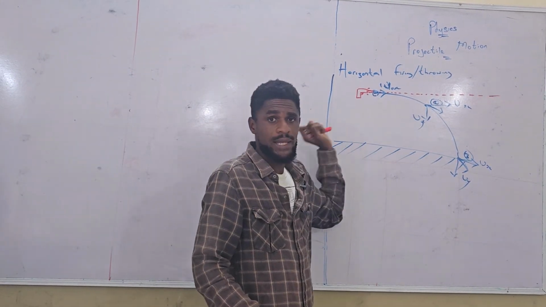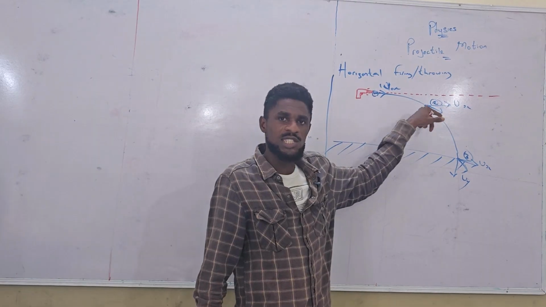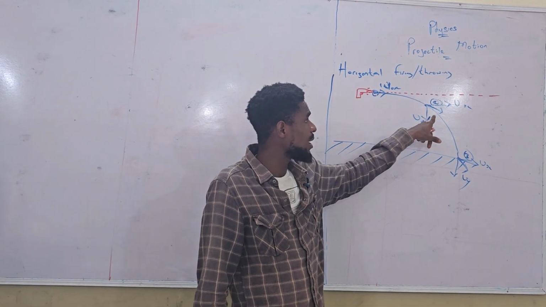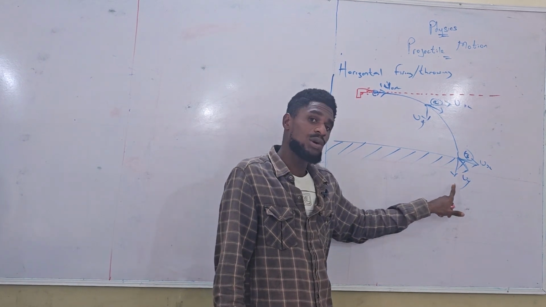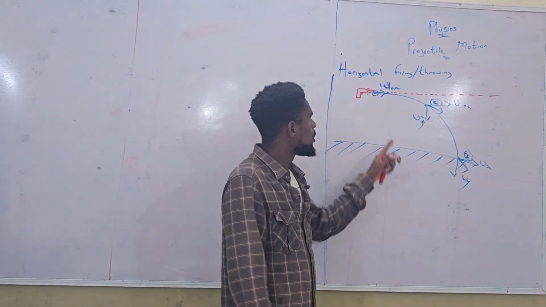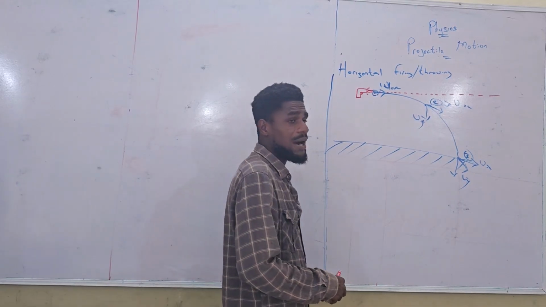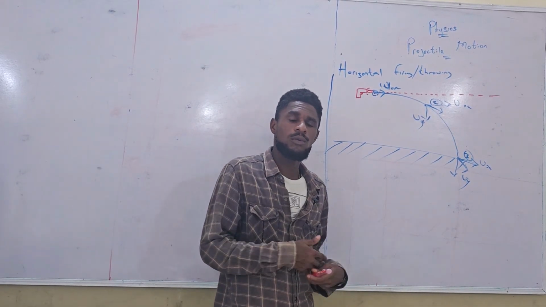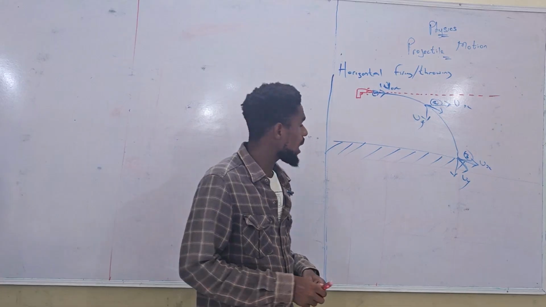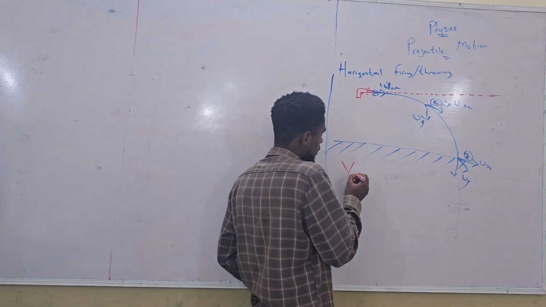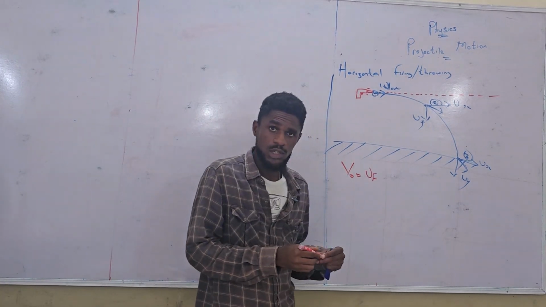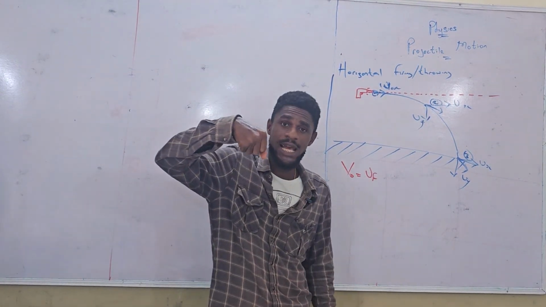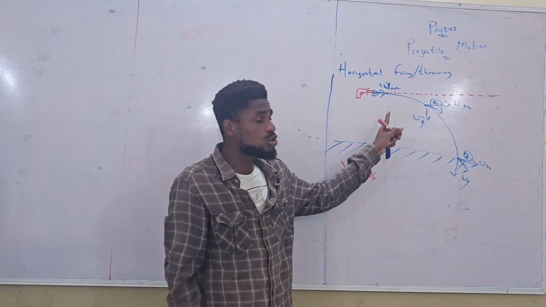I don't have a Vy. At point 2, it is tangential, inclined at an angle, so I have my x and my y. At point 3, I have the x and I also have the y. From our first table of equations, we said our initial velocity V naught must be equal to V final, remember when we shined our light from the top. So this is also true.